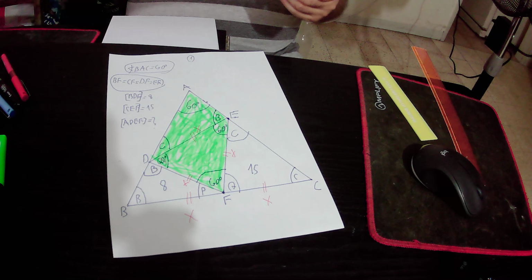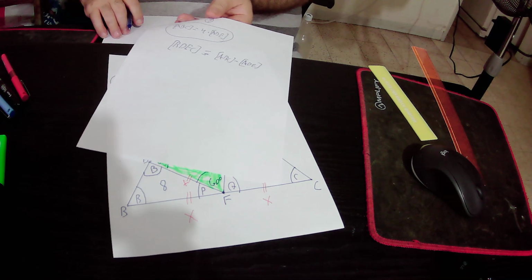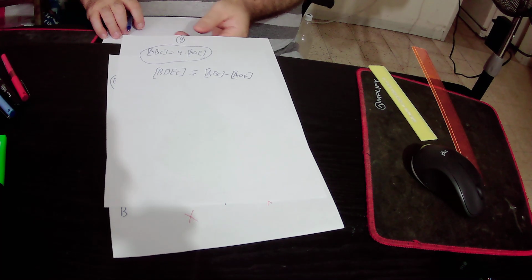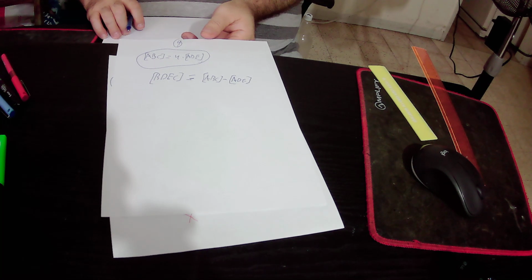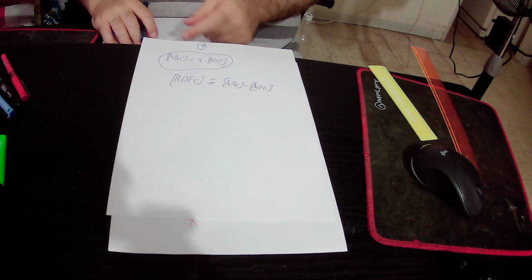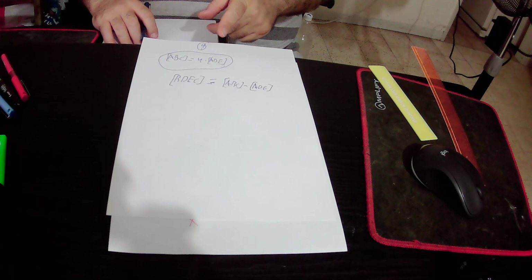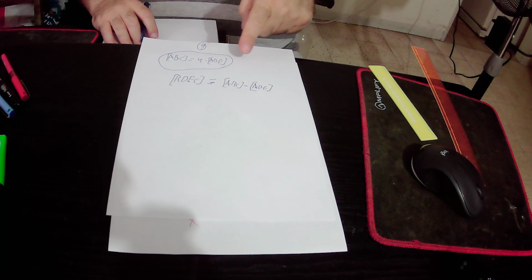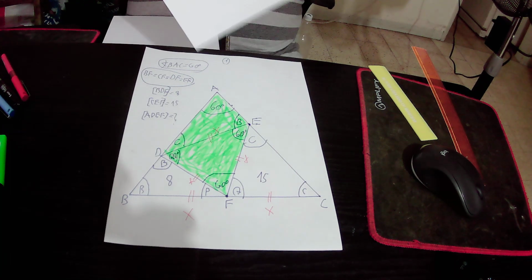Again, the area of quadrilateral BDEC equals the area of triangle ABC minus the area of triangle ADE. Okay, but we already found out that the area of triangle ABC equals 4 times the area of triangle ADE, so we can substitute the area of triangle ABC by 4 times the area of triangle ADE. Okay, so we do it now.